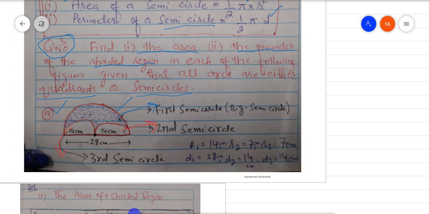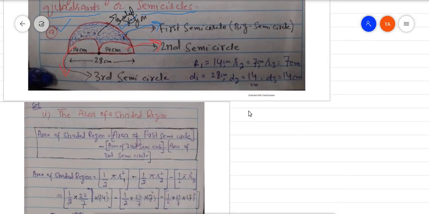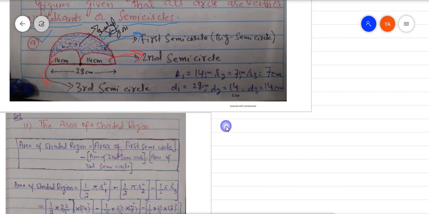We have to find only the area and the perimeter of the shaded region, and this is the shaded region. We have to only find the area of this part. So moving to the solution of this question.